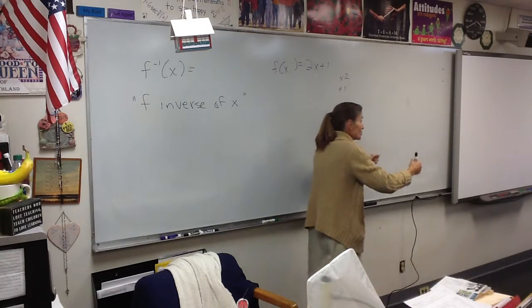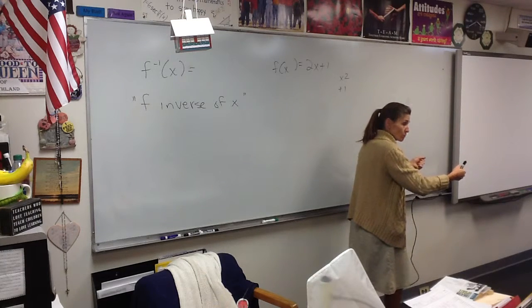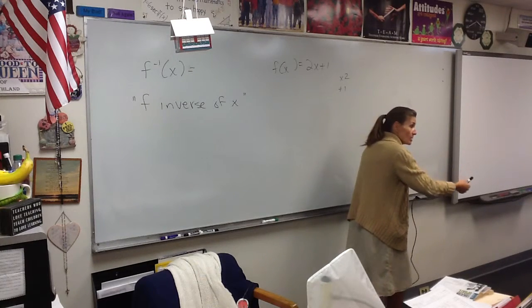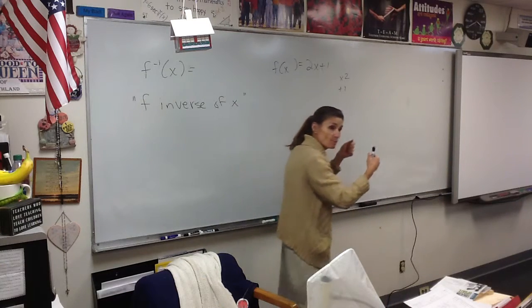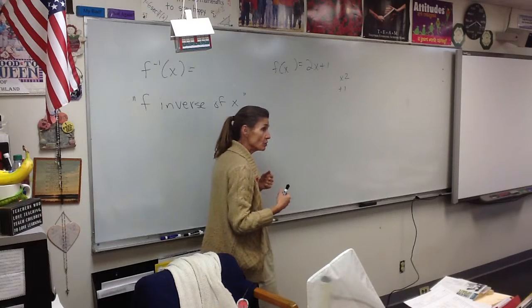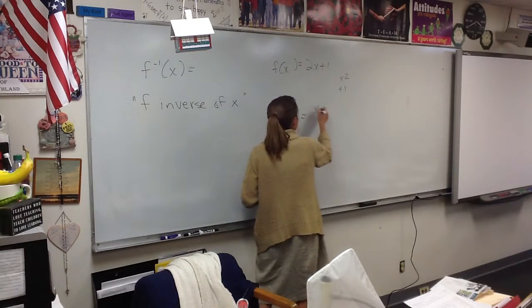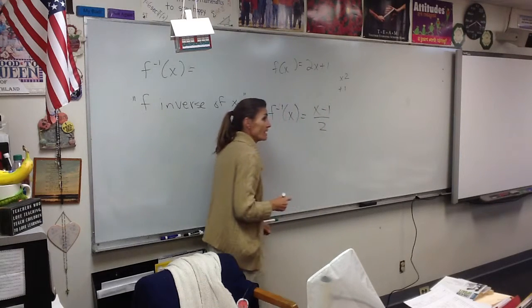It times this by 2 and adds 1. Now, put that machine in reverse. Undo that. What's going to have to happen? Subtract 1 and divide by 2. So the inverse is the function that subtracts 1 and divides by 2.